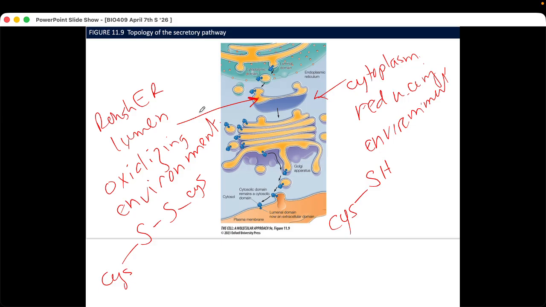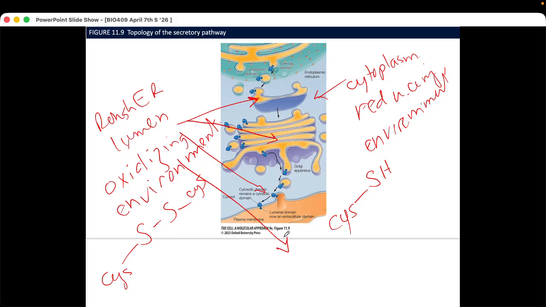It's an oxidizing environment, and these proteins have to go through the Golgi. The Golgi also has an oxidizing environment, and so do these vesicles heading out. And then the extracellular environment, our blood and so forth, is considered an oxidizing environment. So that's a big distinction in post-translational regulation. This is a covalent change to the protein, a post-translational modification.